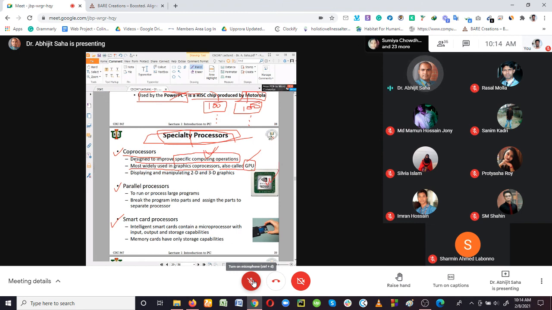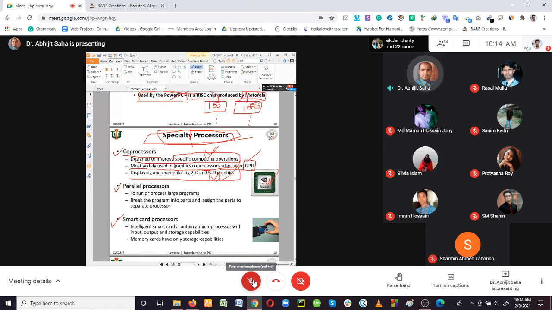Why do we need this GPU? Because day by day the graphical work we are doing is mostly focused on 3D graphics or above, so you need better performance from your graphics card. That means millions or billions of complex calculations are needed.